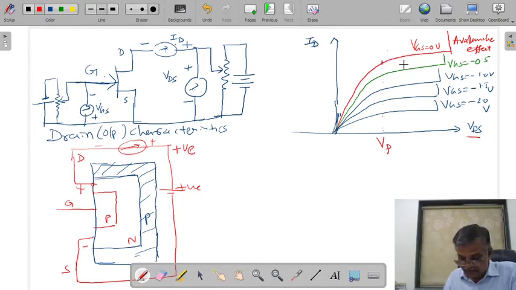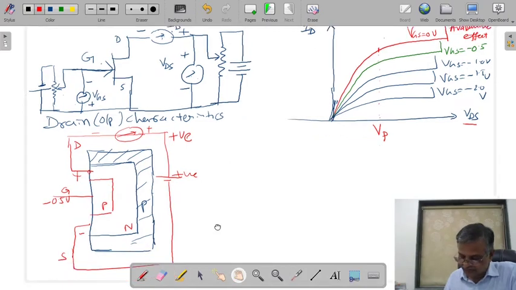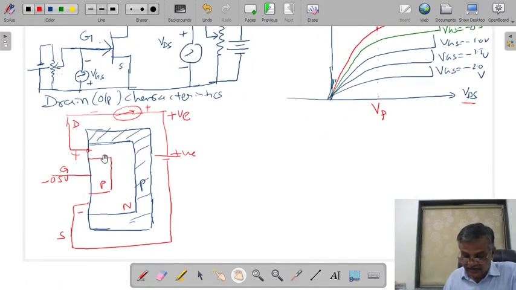Now, if I keep the gate at minus 0.5 volt, the gate is in reverse bias, so a depletion layer is produced here. You can see the depletion layer is produced like this.